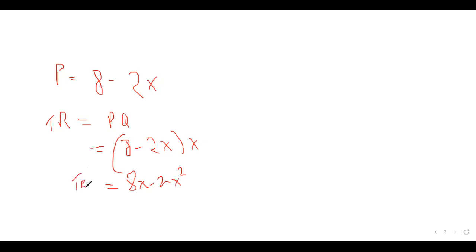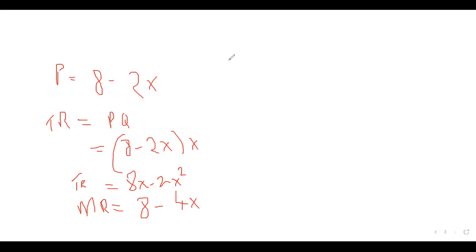What becomes our marginal revenue? 8 minus 4x. Good. So how do we maximize revenue for good x?